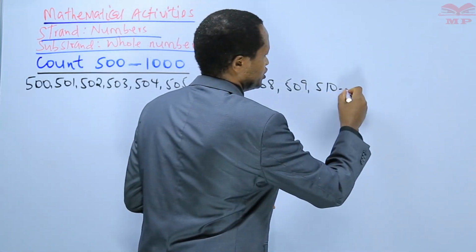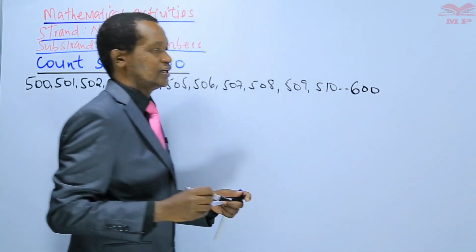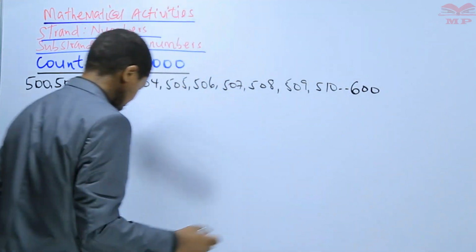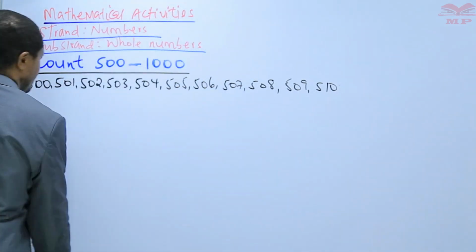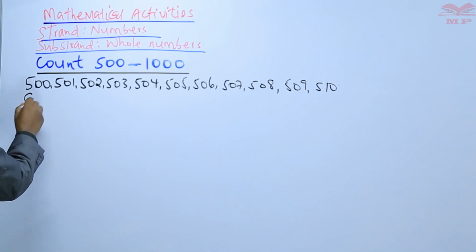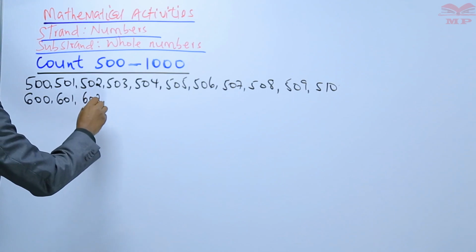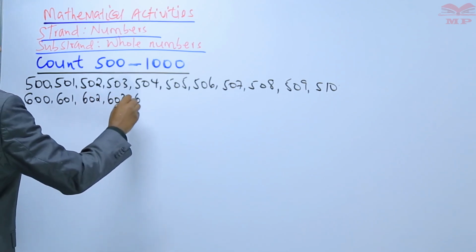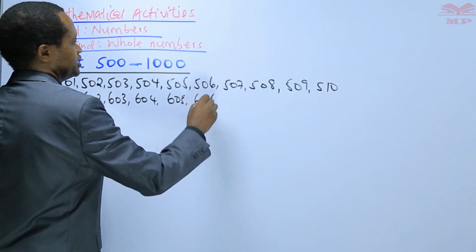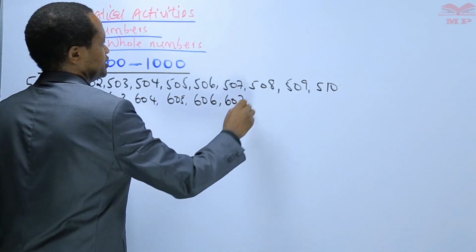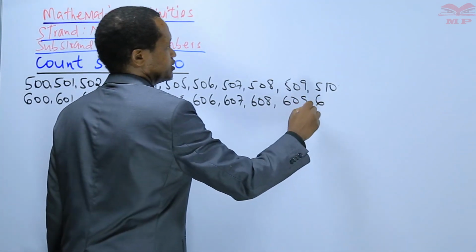We'll go on up to say 600. So learners, I'll come here and continue 600, then 601, 602, 603, 604, 605, 606, 607, 608, 609, 610.